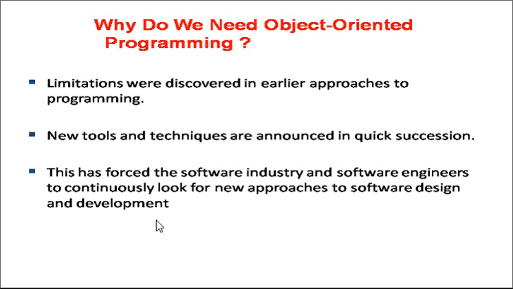So these are the reasons why there is a need of a new approach called object oriented programming. The software applications are nothing but business applications which require a very advanced approach. So these are the reasons why we need to have an object oriented approach.